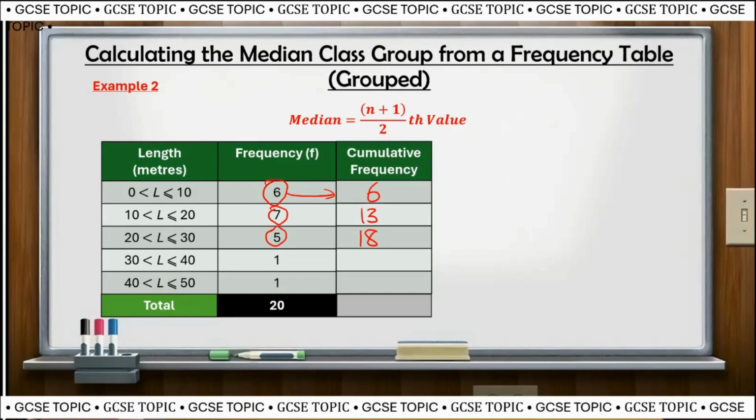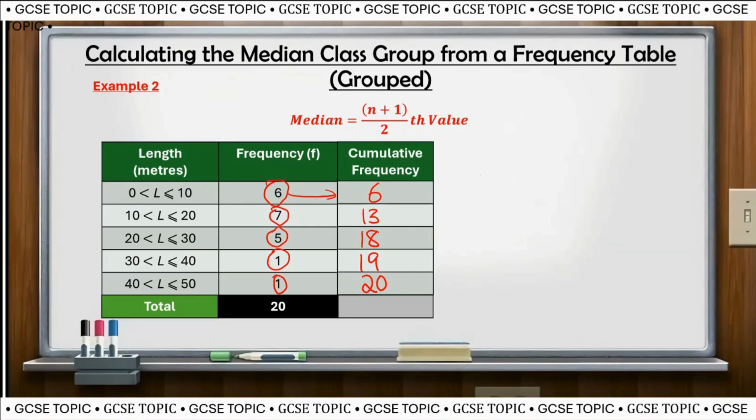And on to the next cumulative frequency, I will do 18 plus 1, which gives me 19. And finally, to find our last cumulative frequency, I'll be adding 19 plus 1, which gives me 20. To see if you have added the cumulative frequency correctly, you have to check if the totals match up. And you can see that they are both 20.